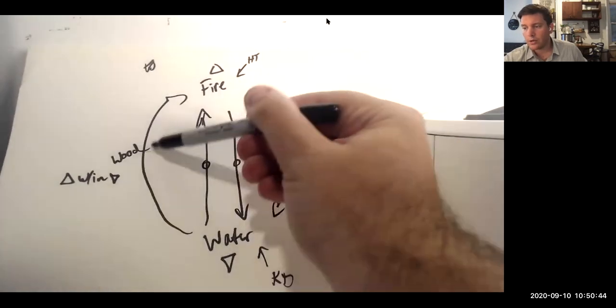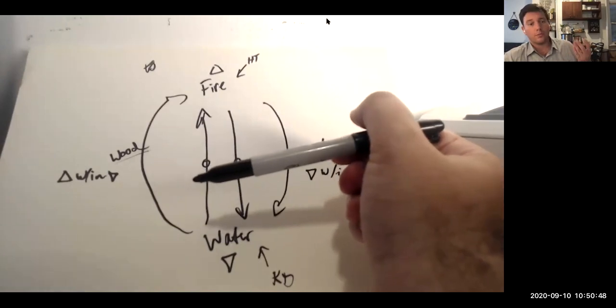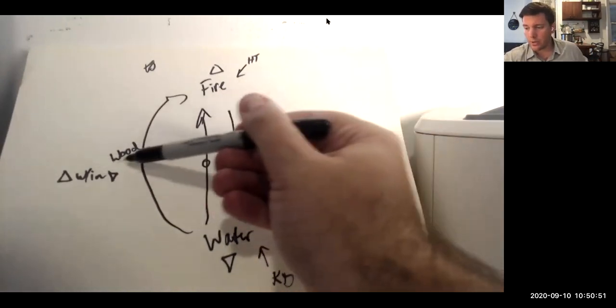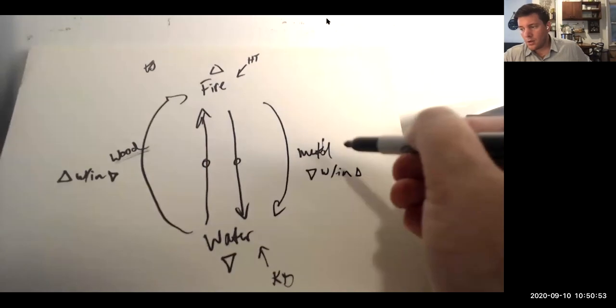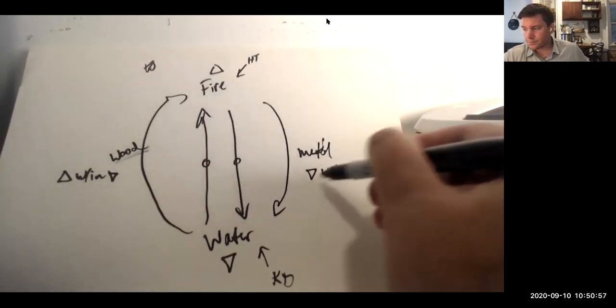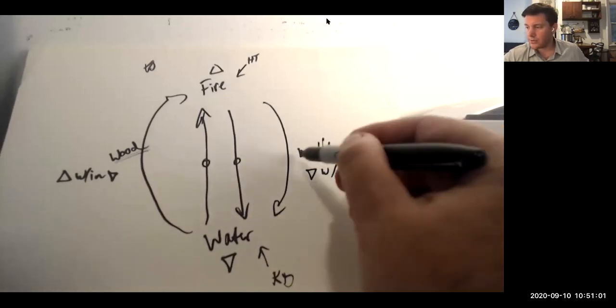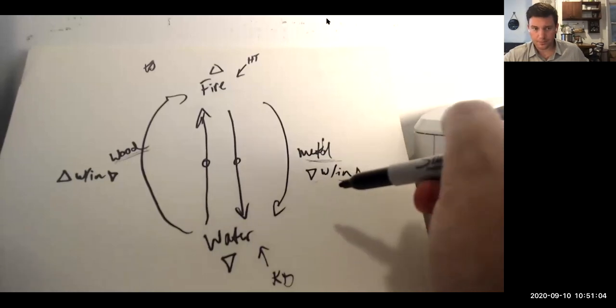We're going to call that wood. When yang rises and yin falls, when we're creating yang and moving away from yin, we call that wood. When we go from yang to yin, when we go from fire to water, we call it yin within yang. Yin is rising, yang is falling, we call that metal.